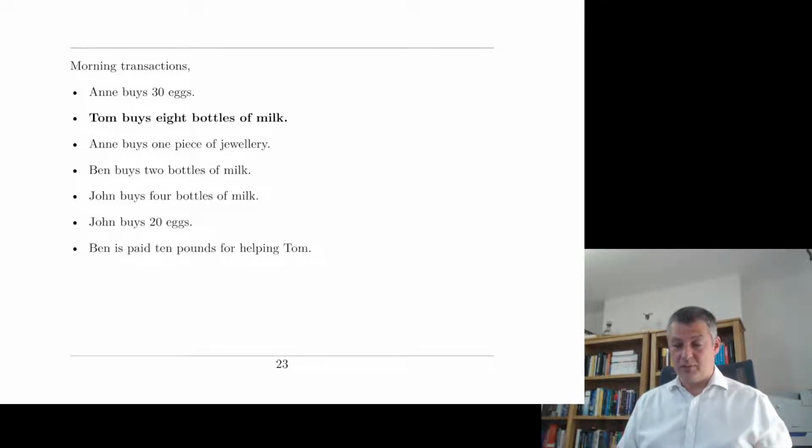The velocity of money has meant that Tom could buy the 8 bottles of milk that he's used to buying, but Tom is now feeling distinctly poorer because he is distinctly poorer than he was. So maybe Tom goes, I'm only going to buy 4 bottles of milk, and I'm going to keep some of this money until I can rebuild my reserves. I'd argue this would be the normal human reaction to this scenario.